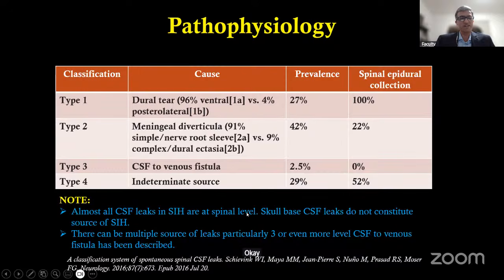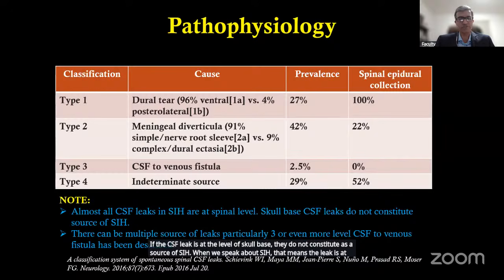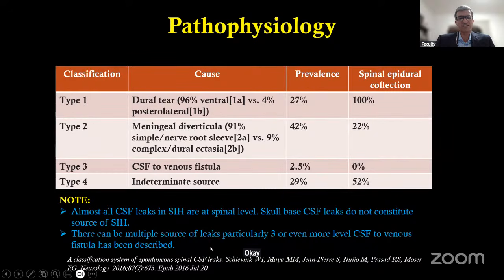Okay, and some important points here. If the CSF leak is at the level of the skull base, it does not constitute a source of SIH. When we speak about SIH, that means the leak is at the level of the spine. Till recently, it used to be thought that there is only one source of leak.